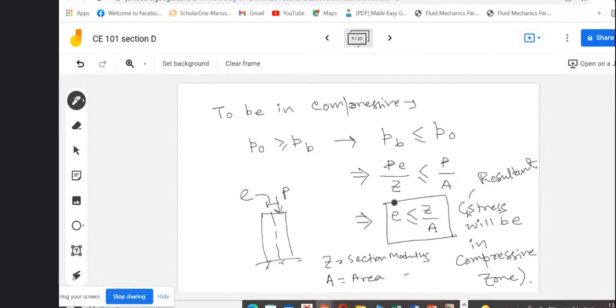So as an engineer, our job will be to find out this value of eccentricity, where E is nothing but the eccentric distance.